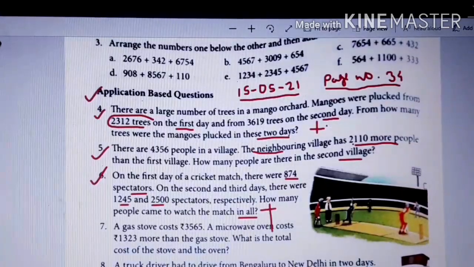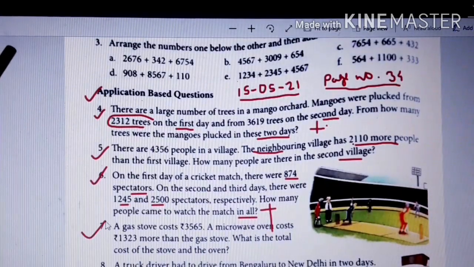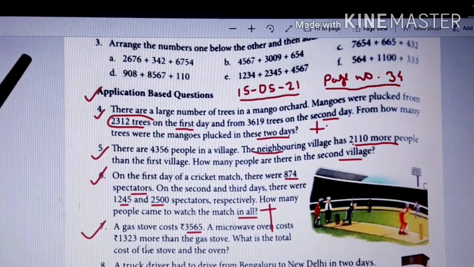Question number 7. A gas stove cost rupees 3,565. A microwave oven cost rupees 1,323 more than the gas stove. So again this line came. So you know very well what you are going to do.